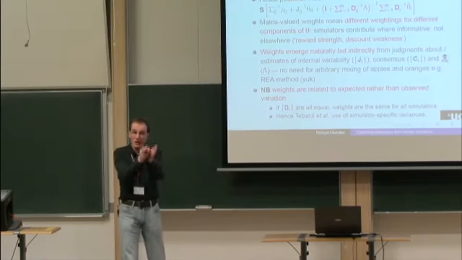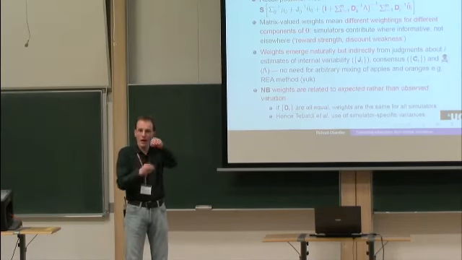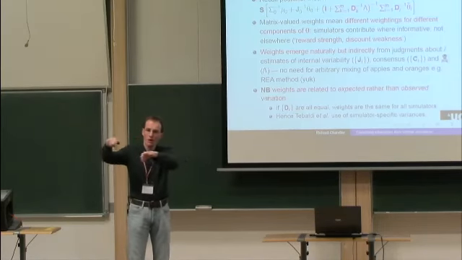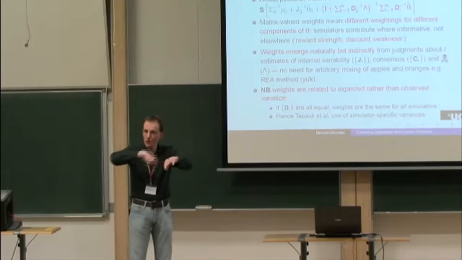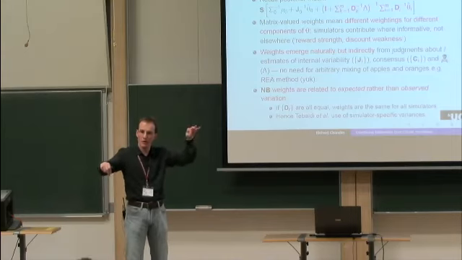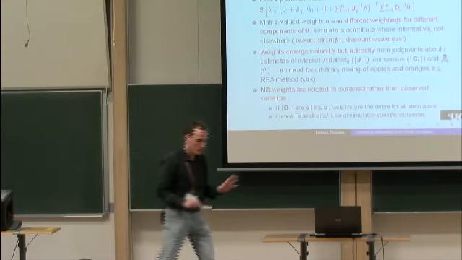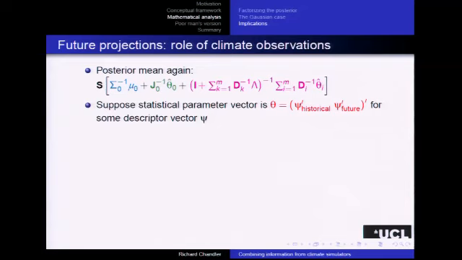They're about expected internal variability, expected deviations of one simulator from the mean of all the simulators, and expected deviations of the simulators collectively from the real climate. And the weightings come from that.